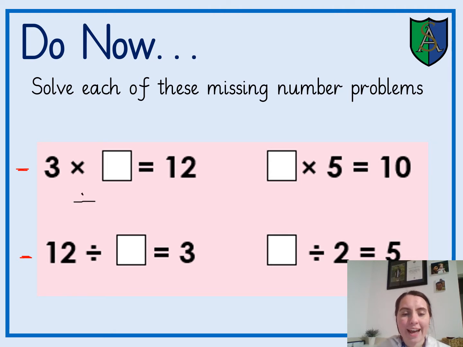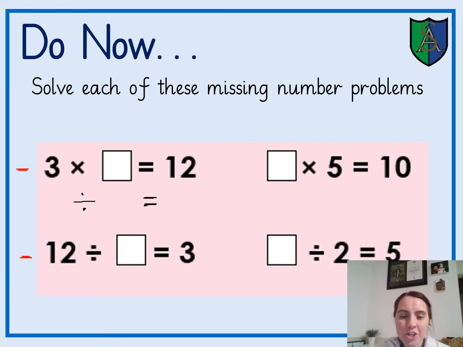When we were looking at addition and subtraction, we noticed that the inverse operation to addition was subtraction. And it's just the same for multiplication and division. We can find the answer by using the opposite operation.